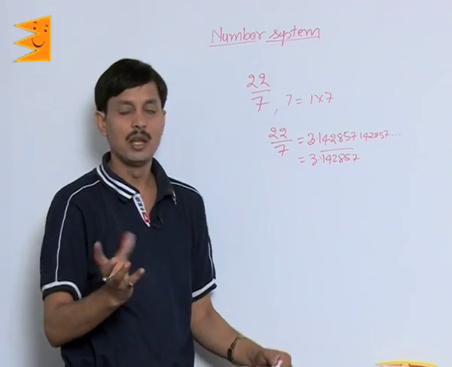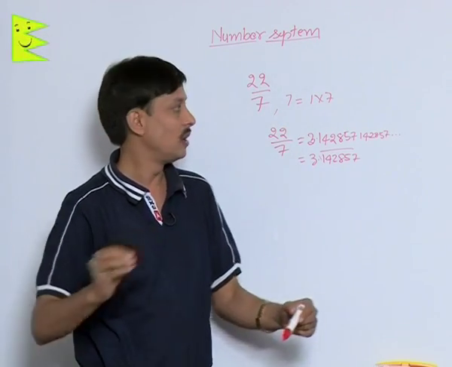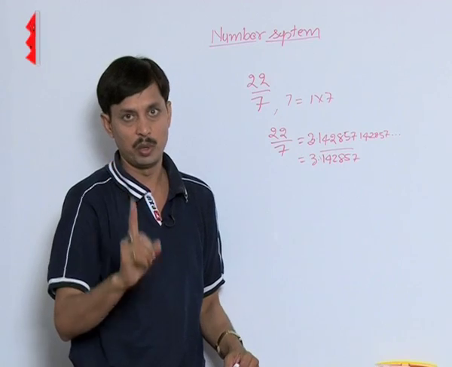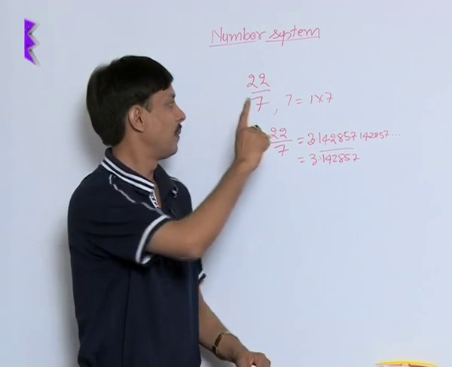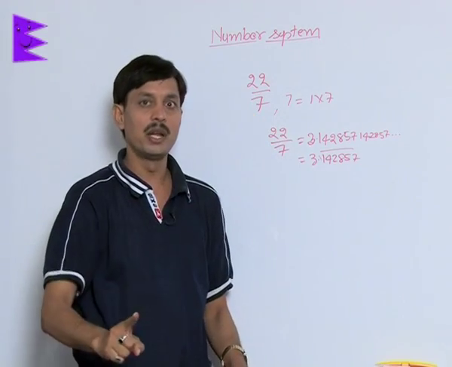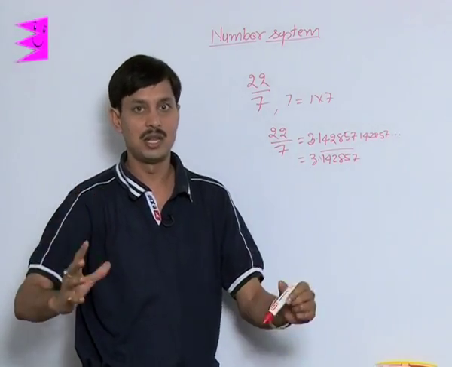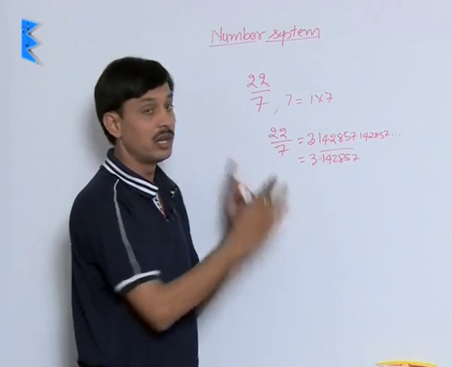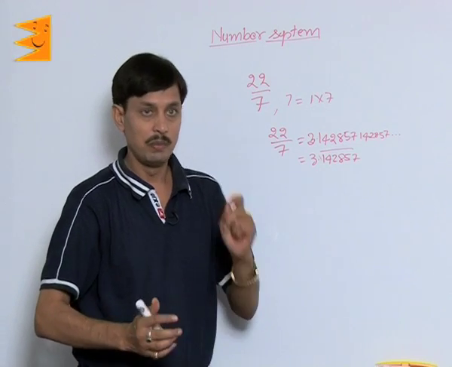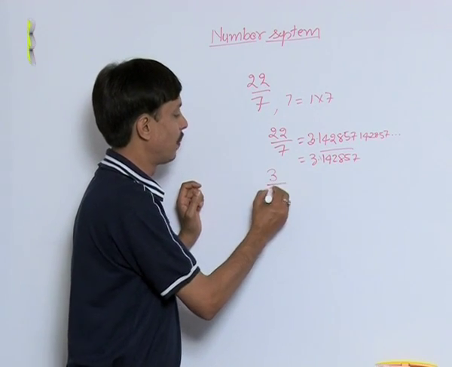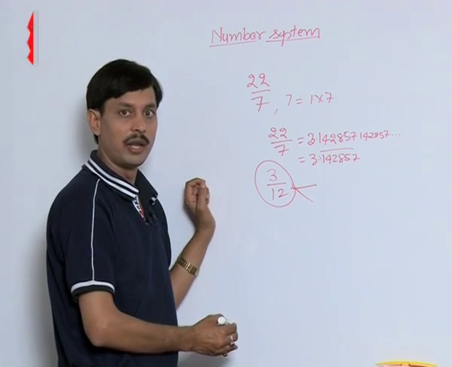You can check whether it is terminating or non-terminating by simply getting the prime factors of the denominator. But always remember, whenever you are prime factorizing the denominator, before it you need to check whether the rational number is in its standard, that is, the simplest form or not. Because somebody says 3 upon 12, tell whether this is terminating or non-terminating.